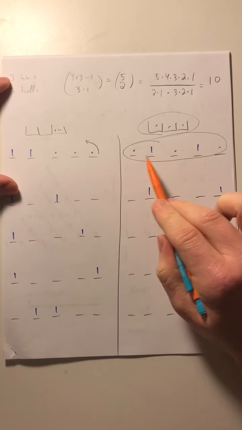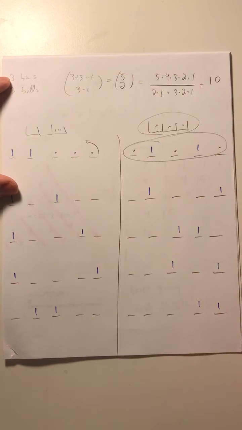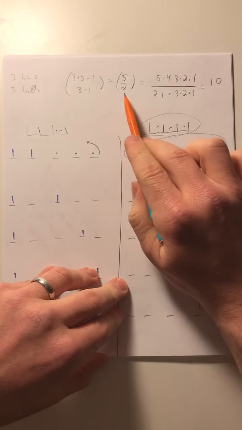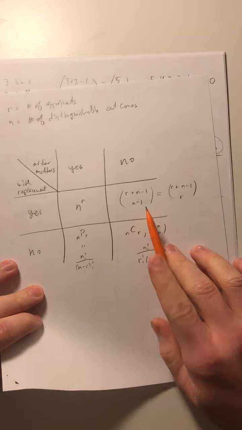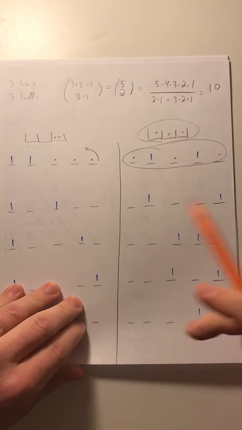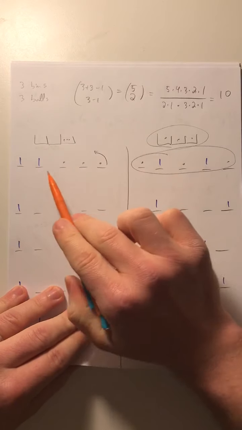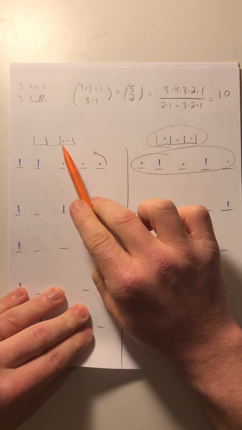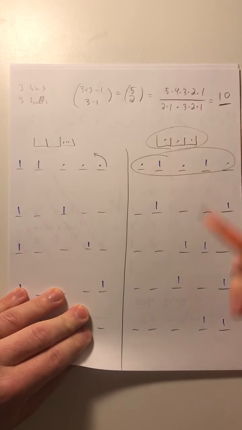But thinking about it as R plus n minus 1 slots, and I choose which of the slots to put the dividers in, I think makes it easier to understand why this answer is the correct one. So you can fill in the rest of these for yourselves, translate between the not easily interpretable picture and the easily interpretable picture, and convince yourself that that's the correct number.